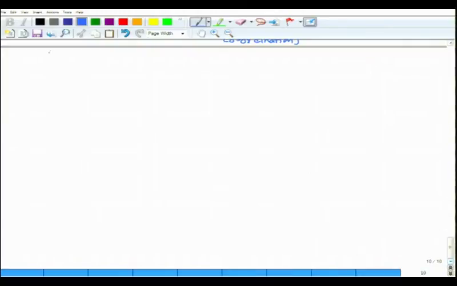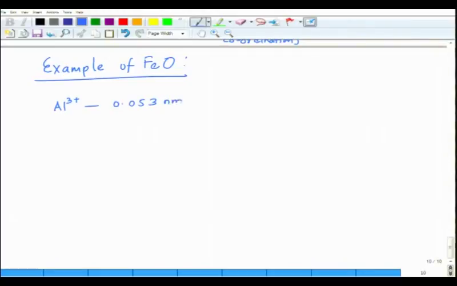So, for example, if you look at the example of FeO, and at various cations like Al3+, Al3+ has a radius of 0.053 nanometer, and this is Rc.